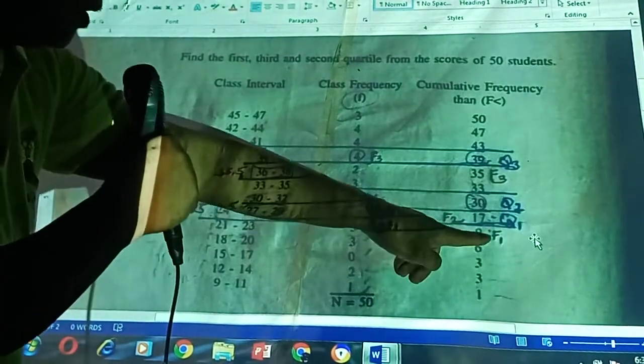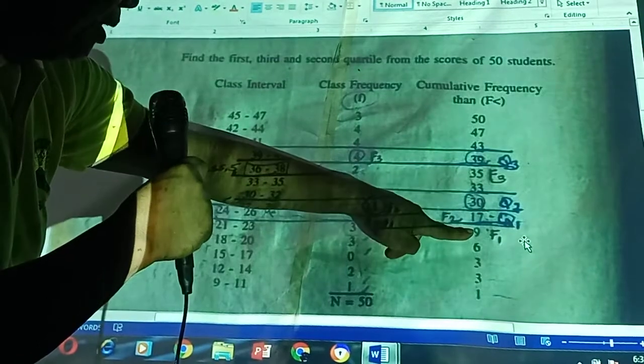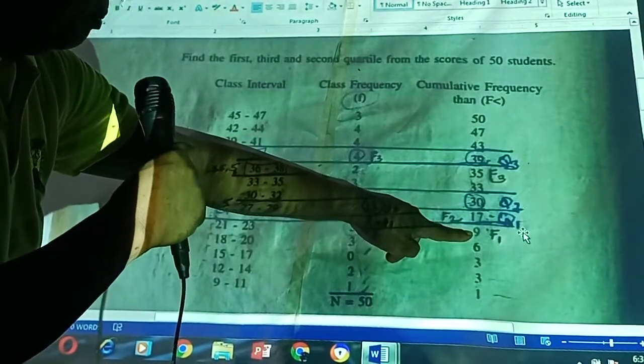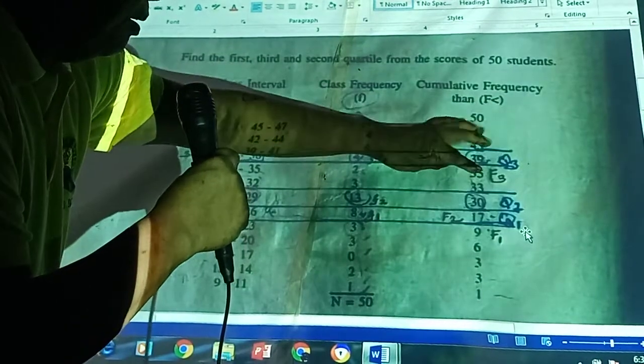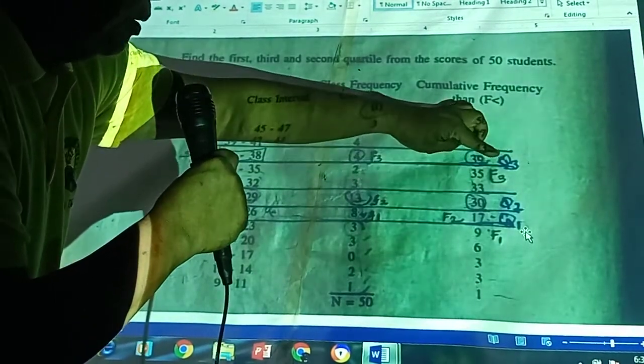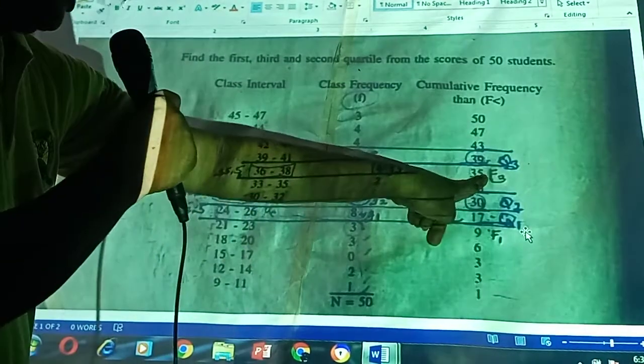Cumulative frequency F1, that is your Q1. The cumulative frequency preceding is 9. How about Q3? That is 35, the preceding cumulative frequency, so that is F3.